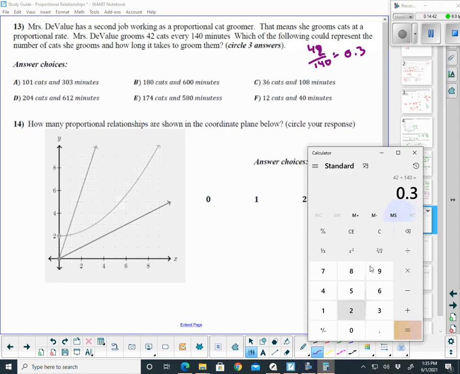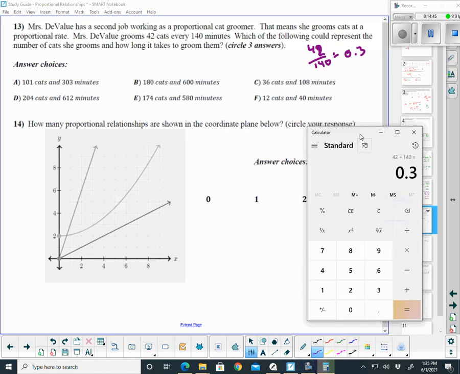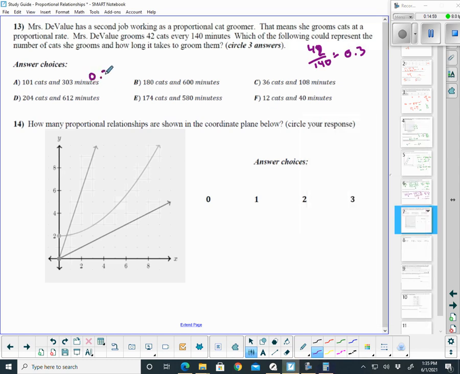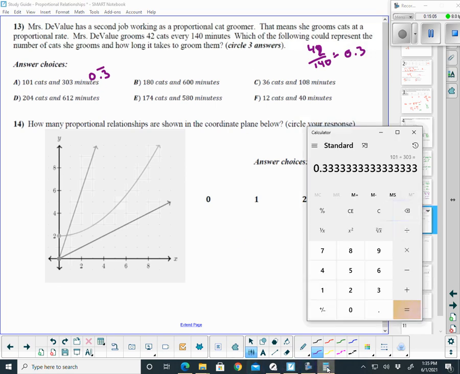This is not 0.3 repeating. All right, so now I'm going to do the same thing. I'm going to take cats and divide it by minutes and see what happens. So if I have 101 divided by 303, I get 0.3 repeated. That looks like 0.3, but it's not the same because this repeats forever. All right, let's try the second one. 180 divided by 600, that's 0.3.